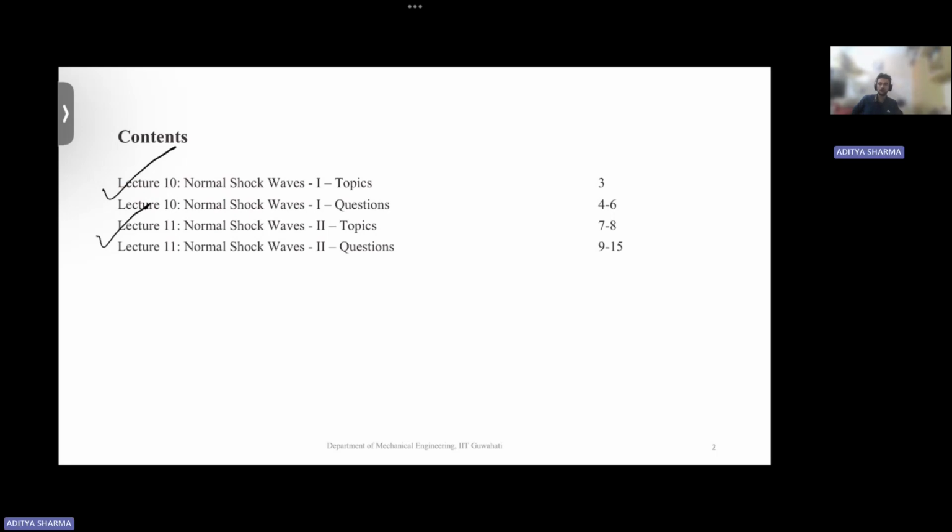How do we model these normal shock waves and how do the properties change across them? All these things have been discussed in these lectures. Then there are topics related to these lectures, and then there are a few questions. We shall see these one by one.